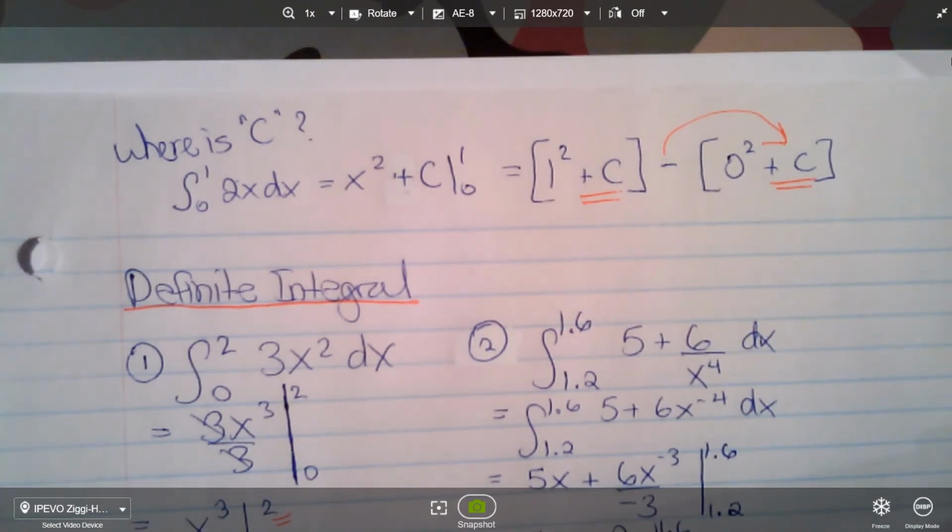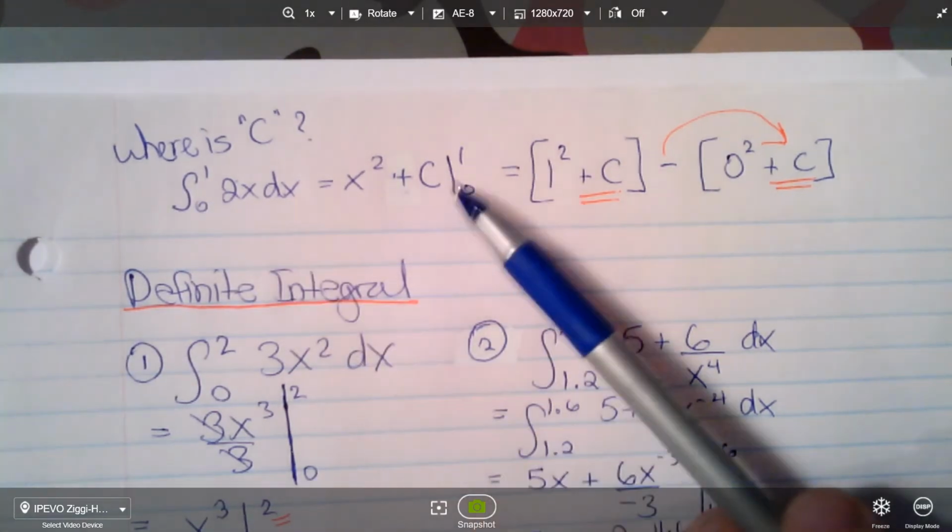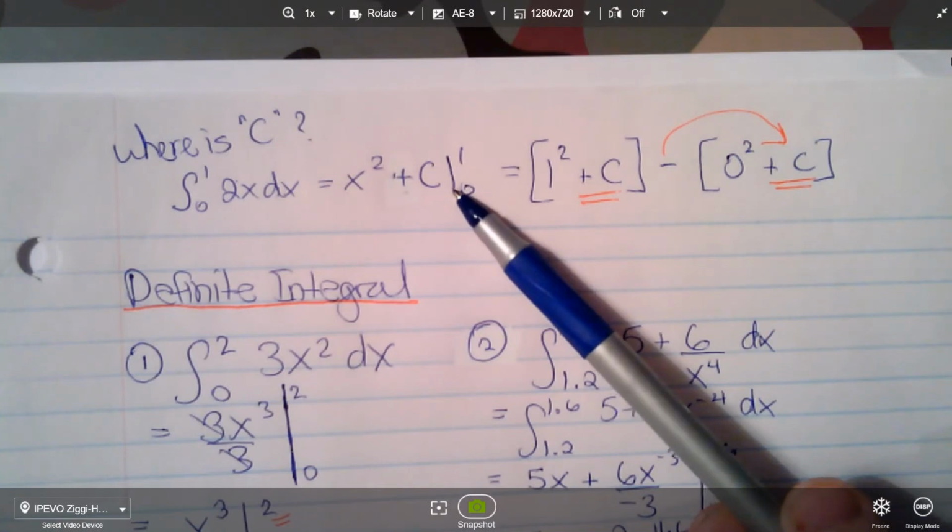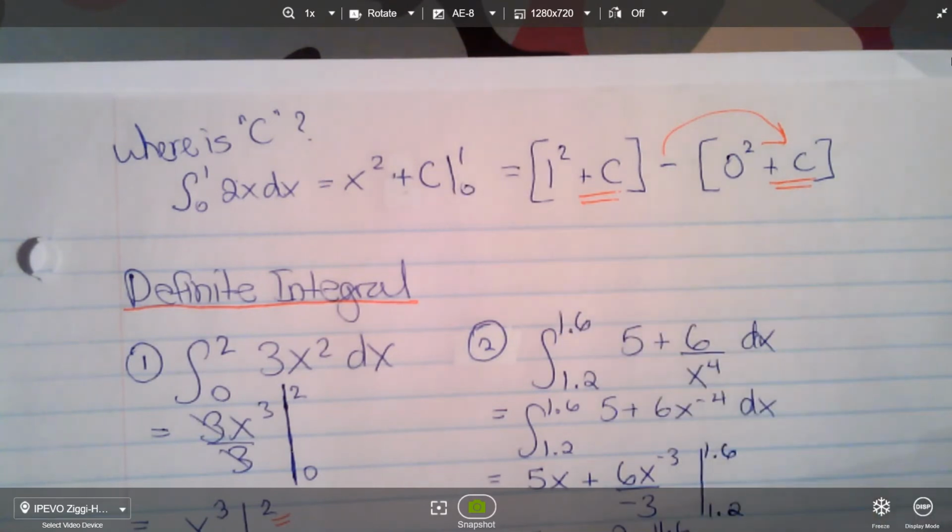If it's a definite integral, if it's a number you actually have the bounds for, you don't need the plus c anymore because the function has canceled it out on each bound. So we don't have to write it when it's a definite integral, okay? But you have to have it with indefinite. So when there are bounds, you don't need the plus c, okay? But when there are not, you need that, because it's basically based on what you're trying to find.